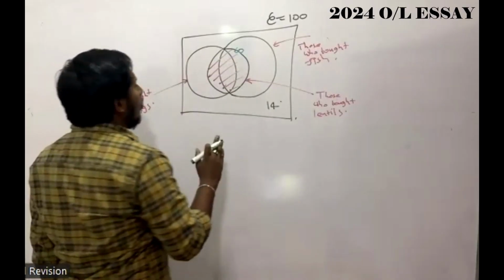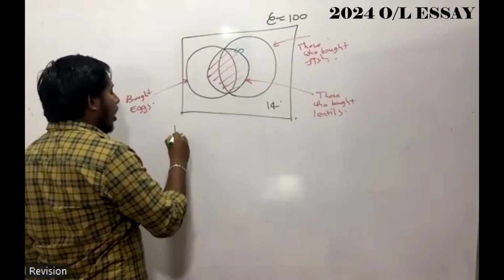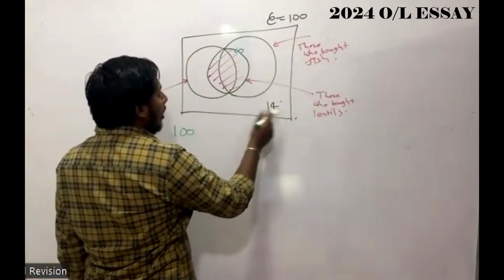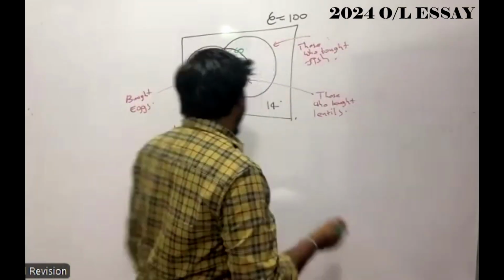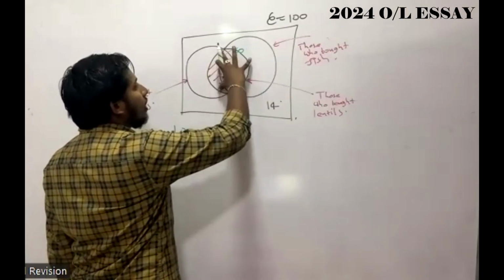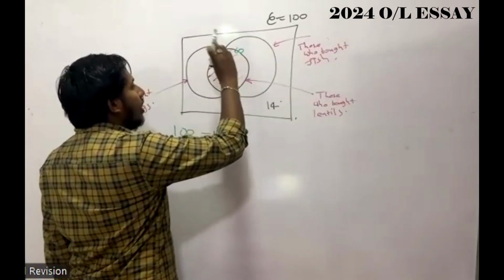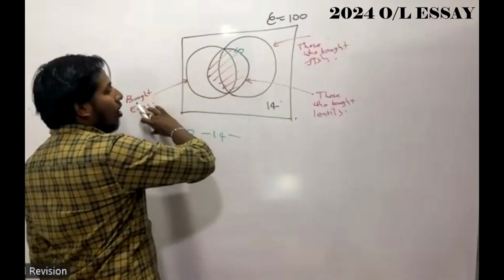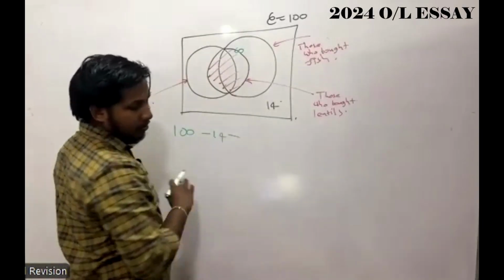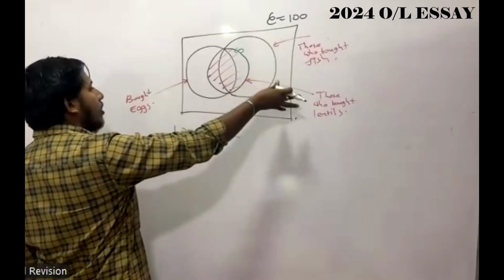So what we can do here is subtract from 100 the 14, because they are not buying anything. As well as we have to subtract this lentils region, because when a person buys lentils, he either buys eggs or fish as well.